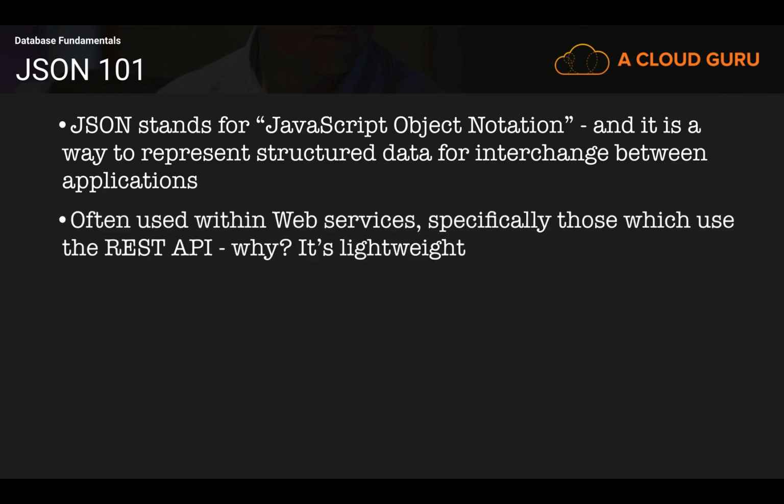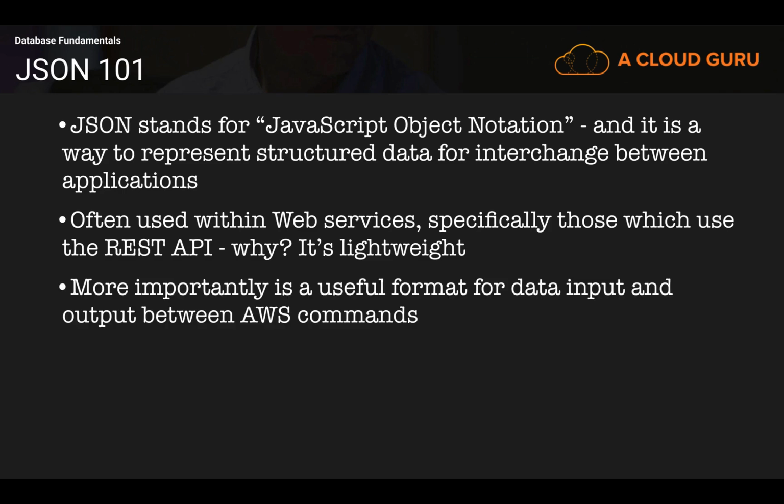It's often used within web services, specifically those that use REST APIs, because of its simple, lightweight nature. But it's one of many different formats that can fulfill the same task. More importantly, it's a common format for data input and output between AWS commands.